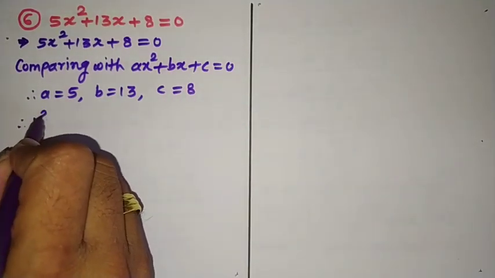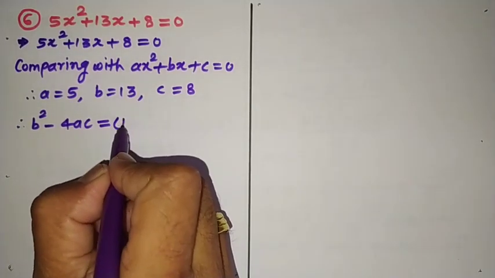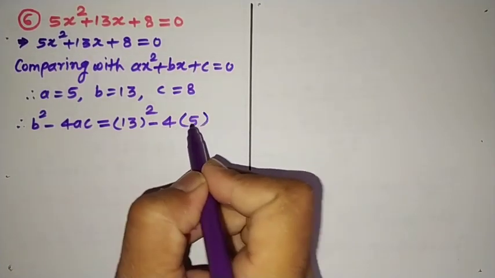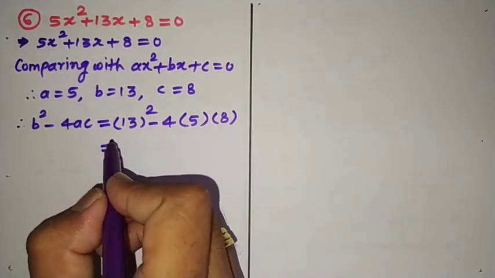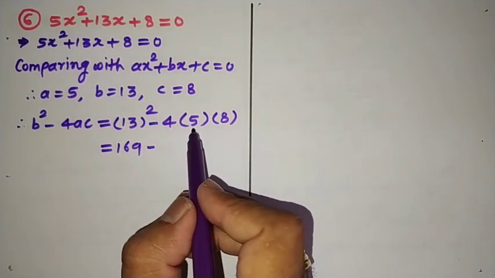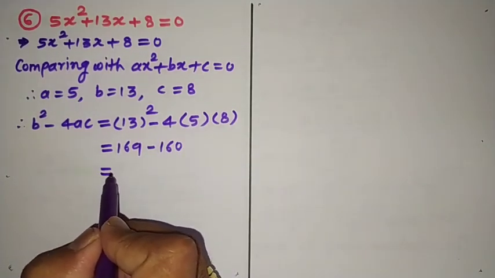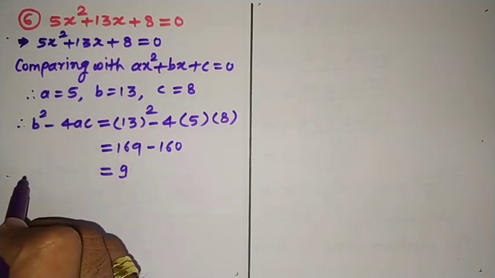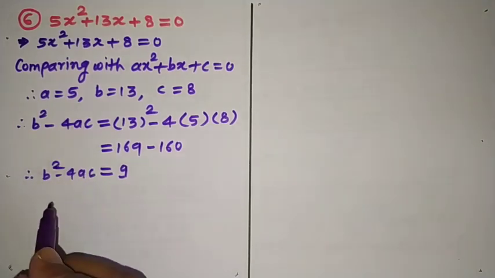Find the value of b square minus 4ac. b is 13 bracket square minus 4 into a is 5 and c is 8. Square of 13 is 169 minus 4 5s are 20, 20 8s are 160. Subtraction, 169 minus 160 is equal to 9. Therefore, the value of b square minus 4ac is equal to 9.